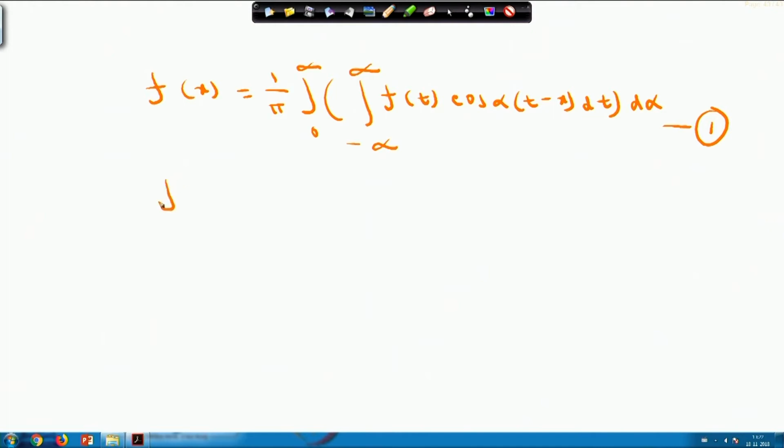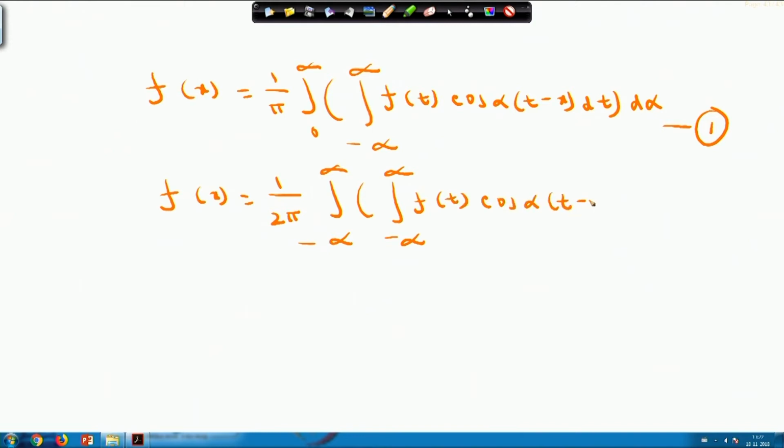This again we can write in this particular form: 1 by twice pi, integral from minus infinity to infinity, integral from minus infinity to infinity, f(t) into cos of alpha into (t minus x) dt into d alpha.